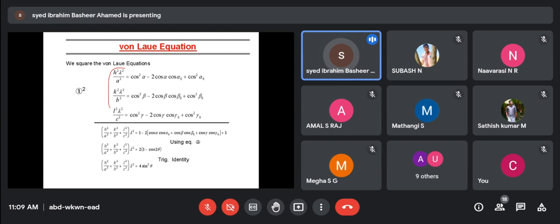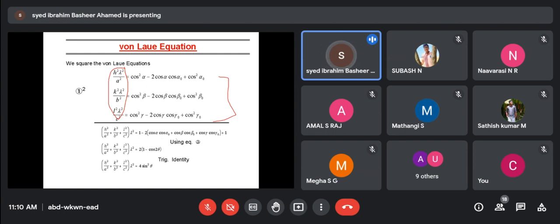So from this I can take commonly h square divided by a square plus k square divided by b square plus l square divided by c square, whole into lambda square, which is equal to 1 minus 2 of the entire thing plus 1. This is based on a trigonometric summation that you should know.